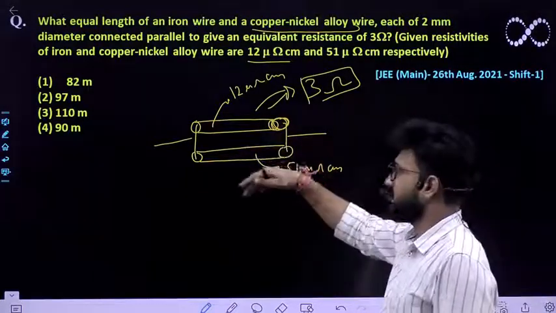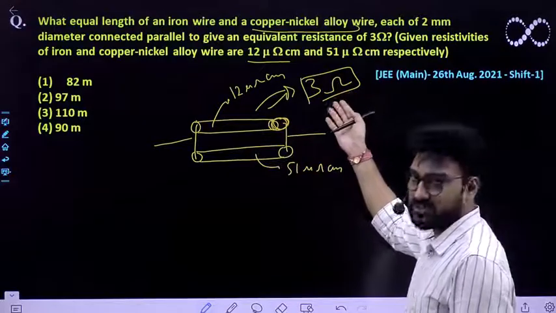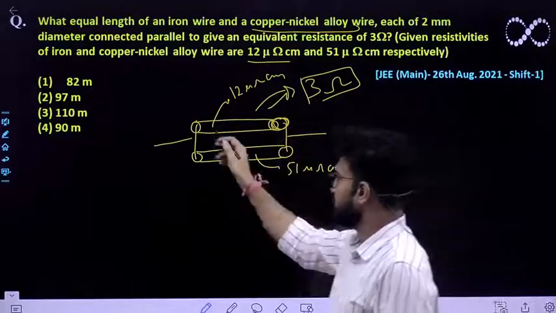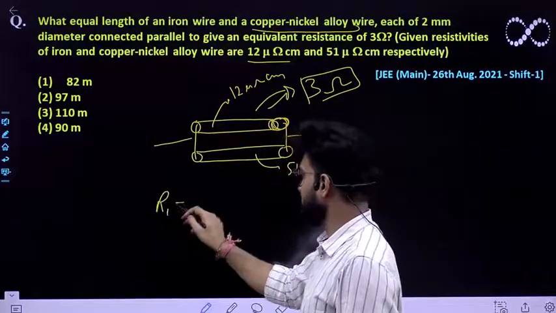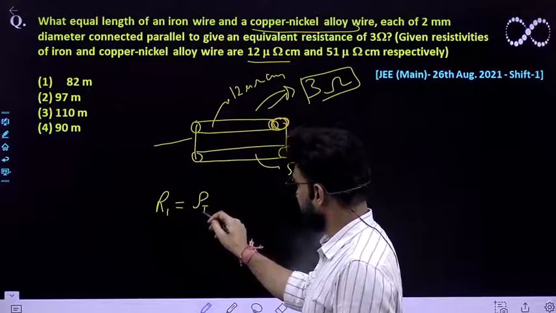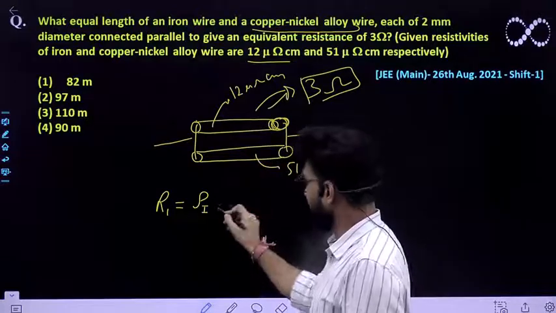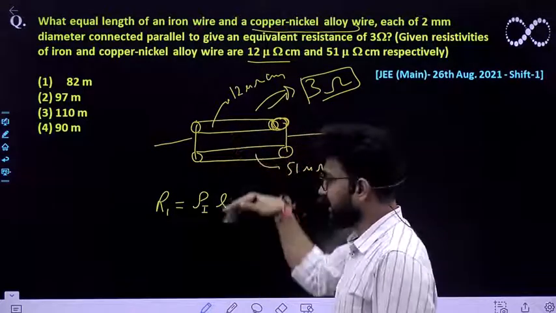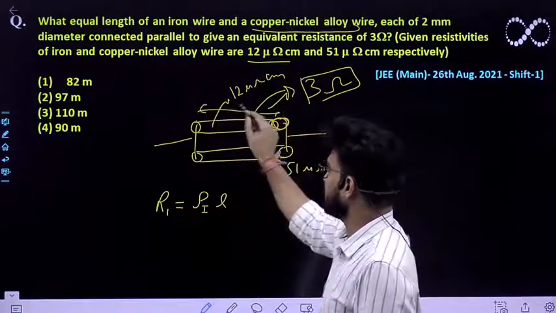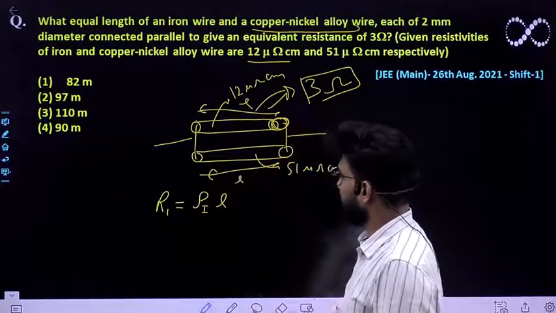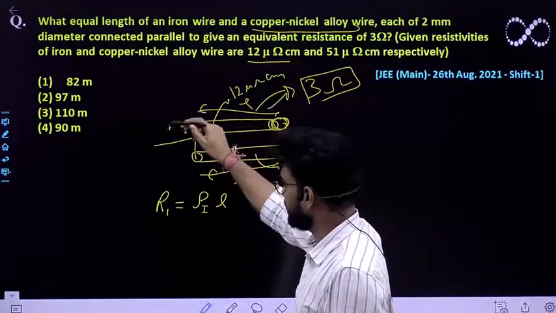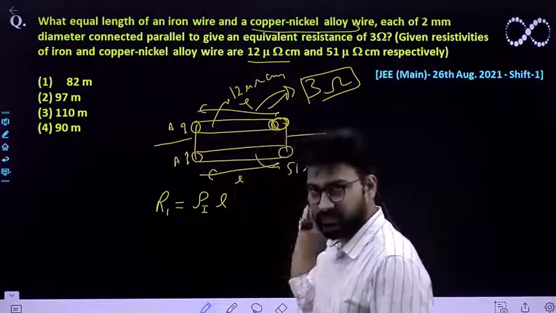Now these two are connected in parallel. Eventually you have to get the effective resistance of 3 ohm. So what is the resistance of the first wire? Let it be R1, so it would be equal to rho of iron times L by A. Let both lengths be L, and their diameter is also the same, so their area would also be the same, don't you think?